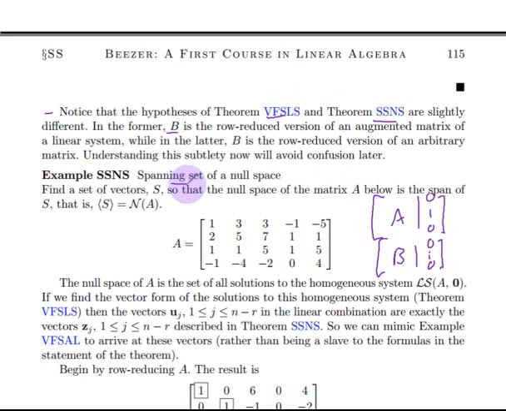All right, so here's an example of a spanning set of a null space. Okay, now here we have a matrix A. Now this is not an augmented matrix. You should think of this as a matrix of coefficients. If you're going to think of the homogeneous system LS(A, 0), you would add an augmented column here.